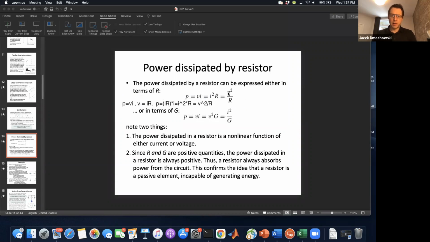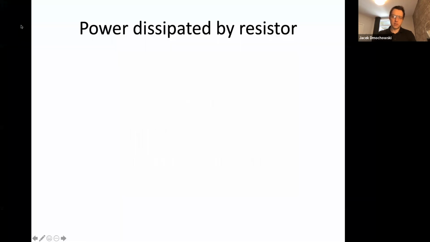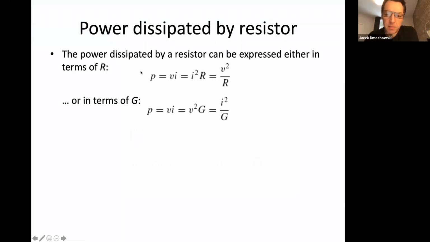The important thing is that power varies with the square of both the current and the voltage. In both cases, if your resistance is equal to 1 ohm, then the power is equal to the current squared or the voltage squared.